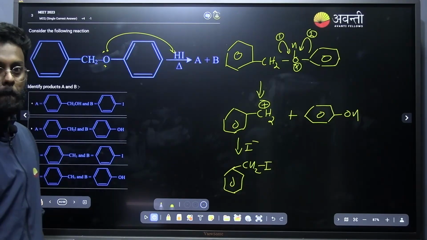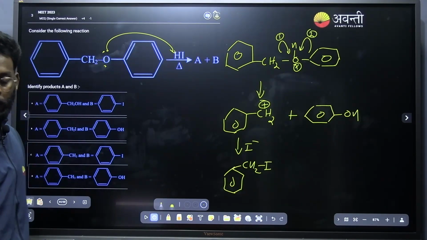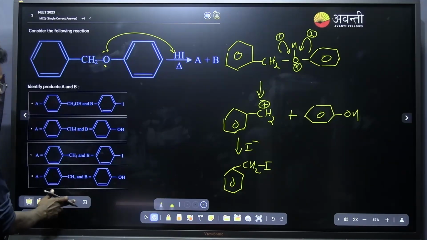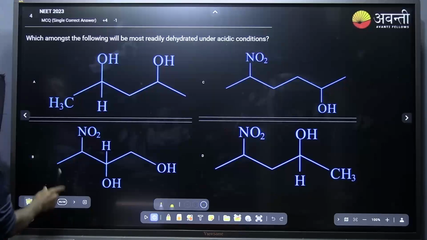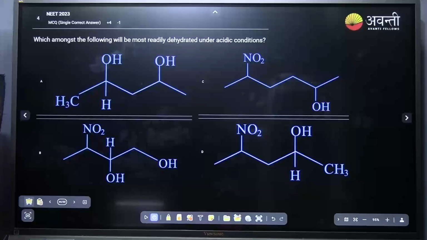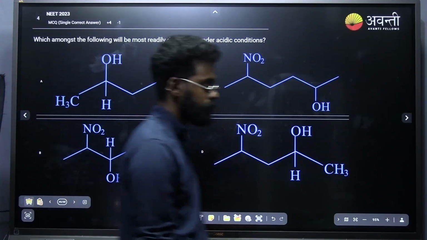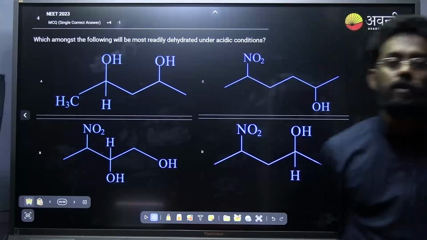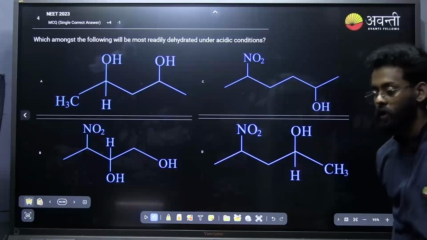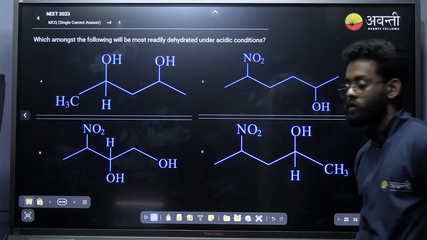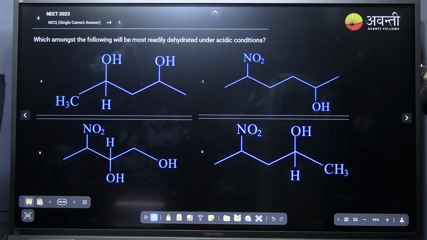Shall I move? Yes. Which among the following will be most readily dehydrated under acidic condition? The one which will be more easily dehydrated is the one which forms a stable product. Normally we know that alcohol on dehydration gives an alkene, so check among these which one can form a stable alkene.